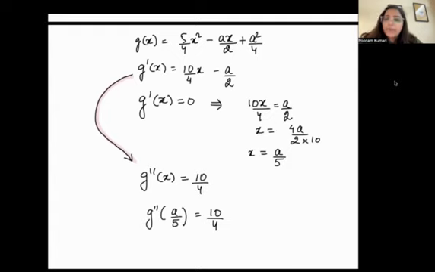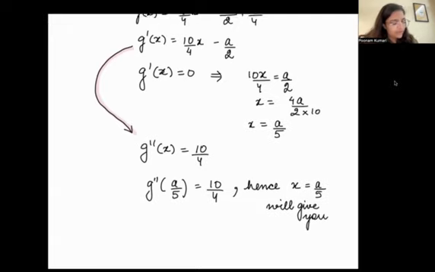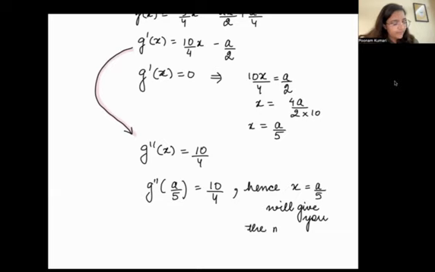Do you get a minimum or a maximum? Minimum. Hence, x is equal to a by 5 will give you the minimum value.